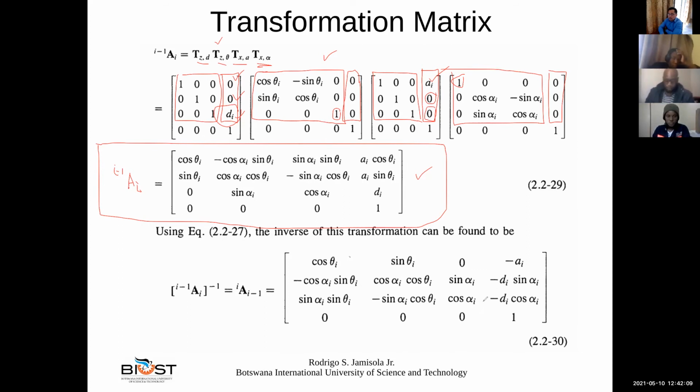Of course we know this, the inverse of the rotation is the transpose. So we just transpose this: cos theta, sine theta, 0, and so on. We just transpose this, and that is already the inverse.